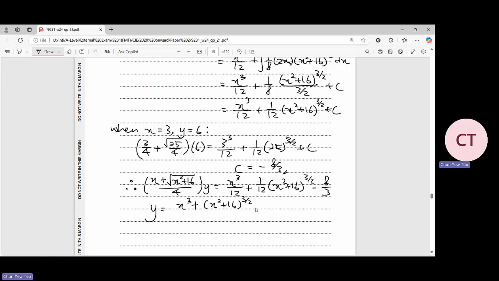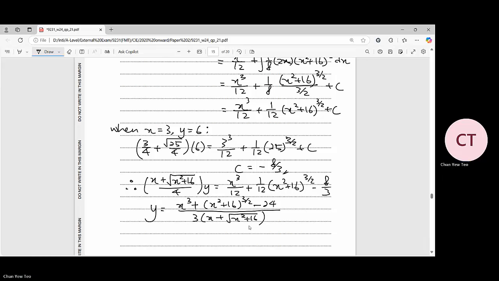Then this one will be minus 24 over the 3 of x plus the square root of x squared plus 16. You can leave the answer like that as well if you want to.